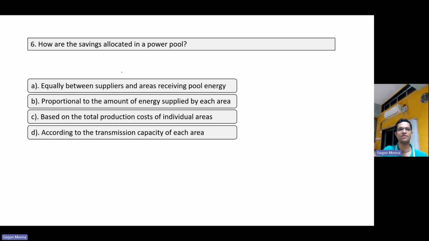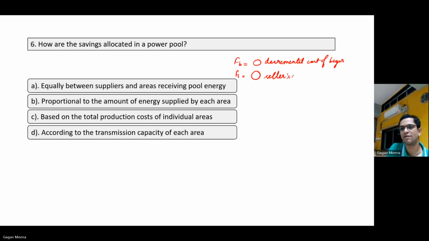Then next question is how are the savings allocated in power pool? And that also is right. FBFS: it is buyer's decremental cost, seller's incremental cost.